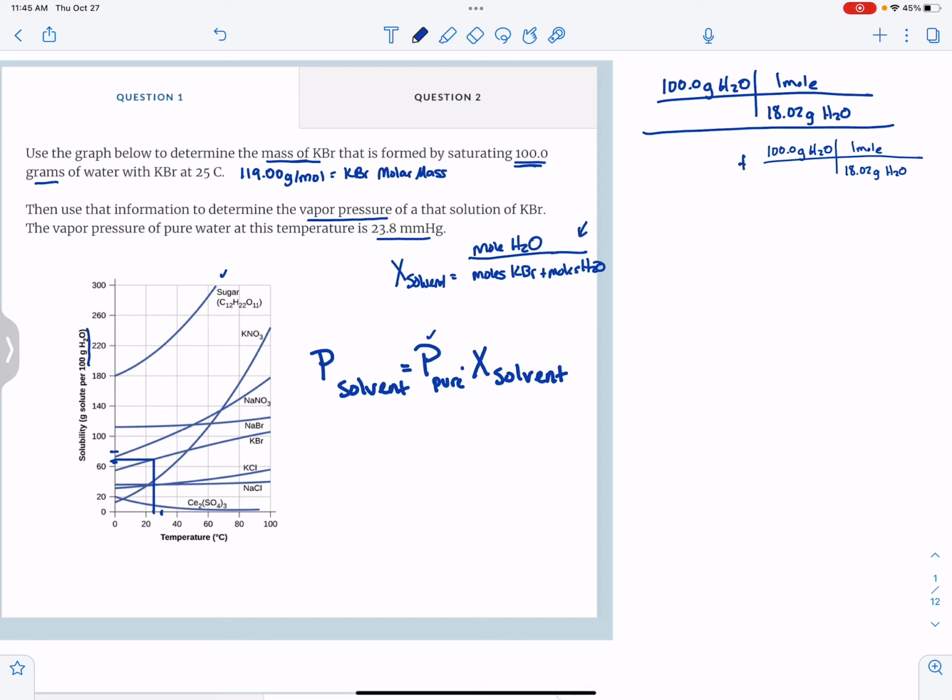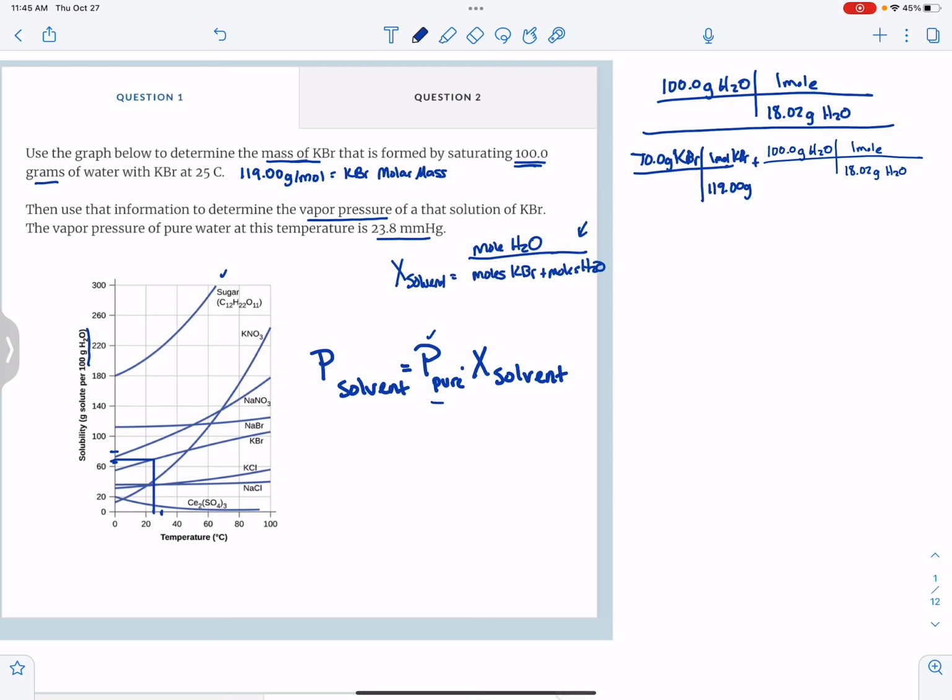So I had figured out that I had 70.0 grams of KBr from the chart. And then I need to convert that using the given molar mass, so there's that many grams in 1 mole of KBr. So that will be my mole fraction number.